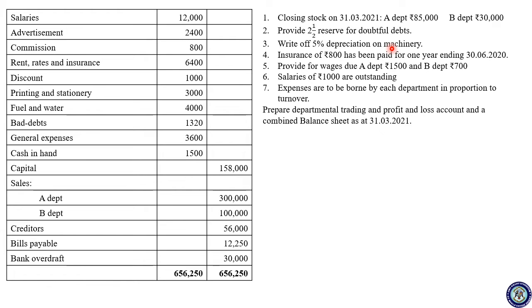See that 800, that is the insurance paid. Insurance has been paid for 1 year ending 30th June 2020. In the sense, 800 what you paid, listen, that is up to 30th June.